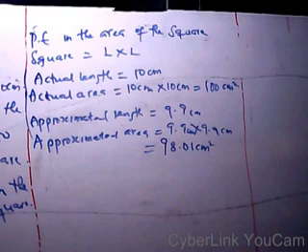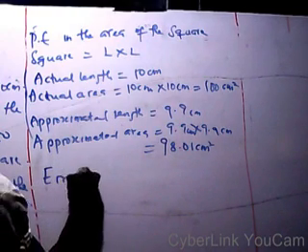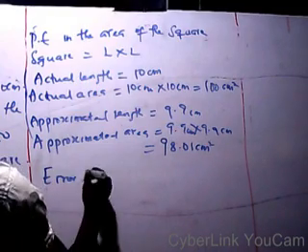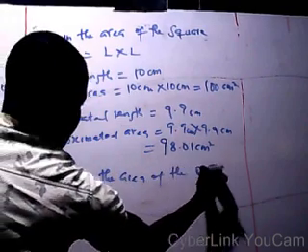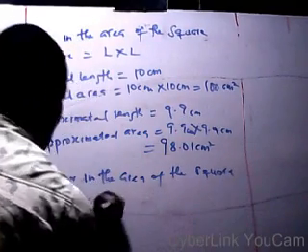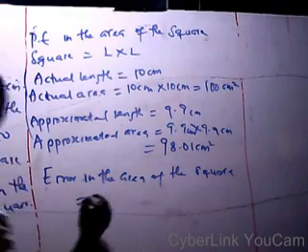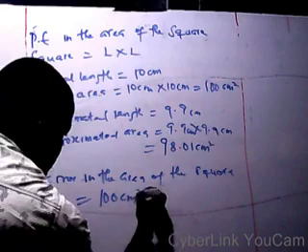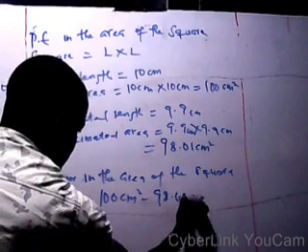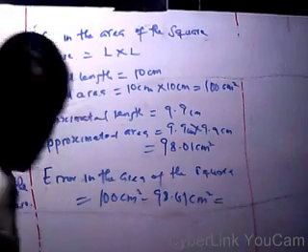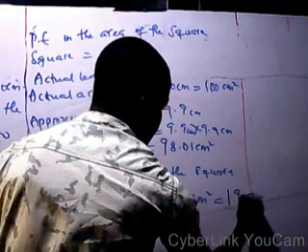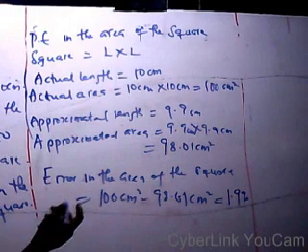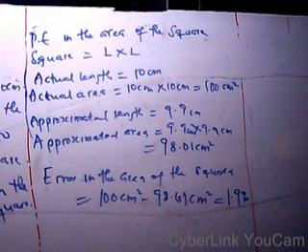So from there, the error in the area of the square will be 100 centimeter square minus 98.01 centimeter square, and that will give us 1.99. So that should give us 1.99, right?